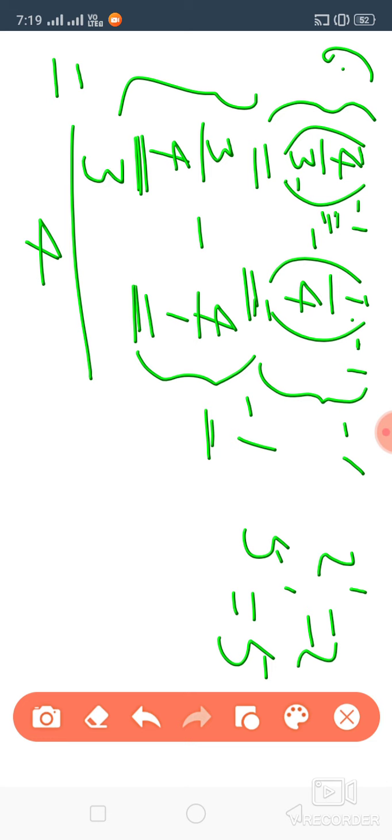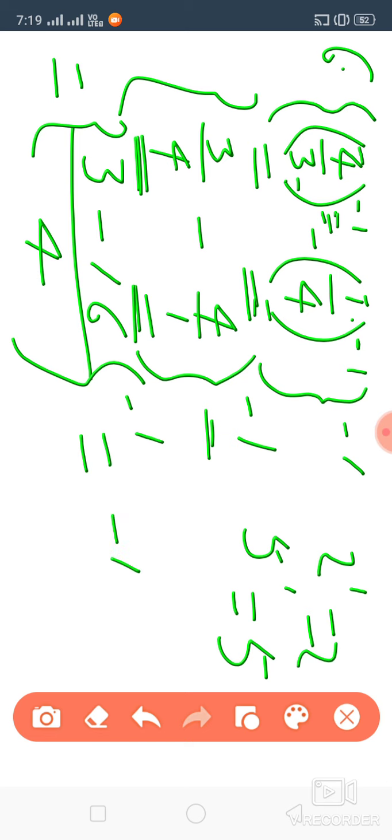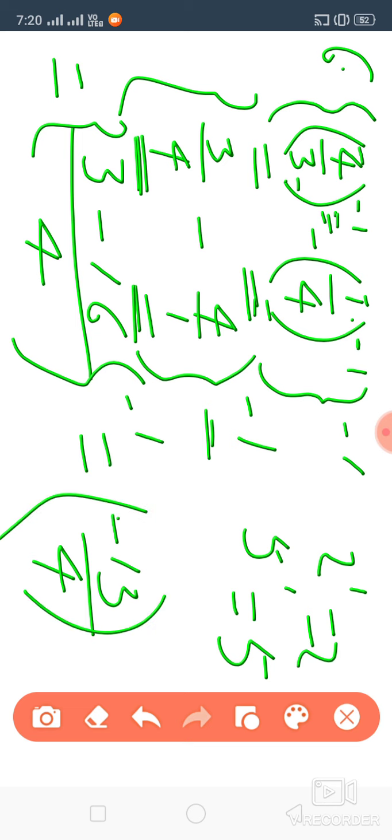Here we'll get 3, and here 4 divided by 1 will get 1, 4 into 4 will get 16, and its whole power is minus 1. So overall how much will we get? 3 minus 16, how much will we get? Minus 13, and (minus 13 by 4) whole to the power minus 1.